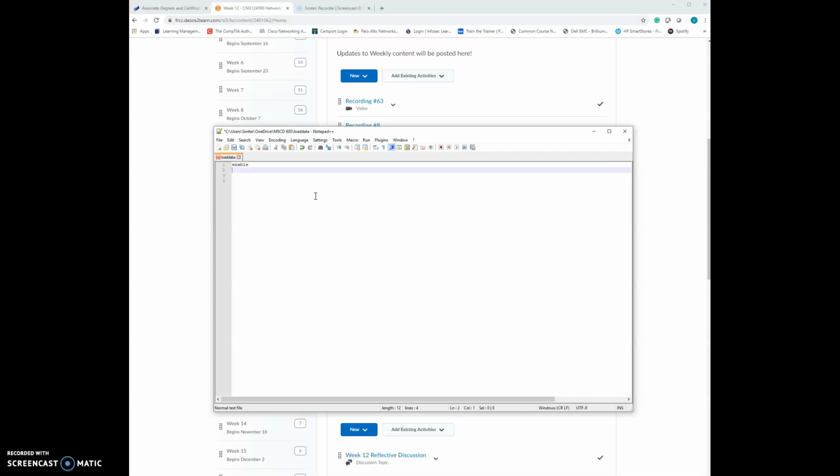You start to write out your Cisco commands, like configure, and then you specify. You come up with this whole table here. You don't need the spaces, but you specify this whole table and put in all your information here.